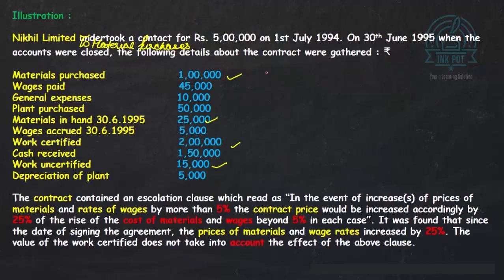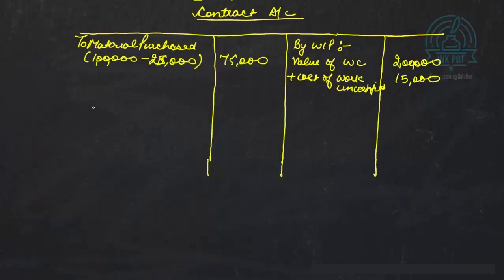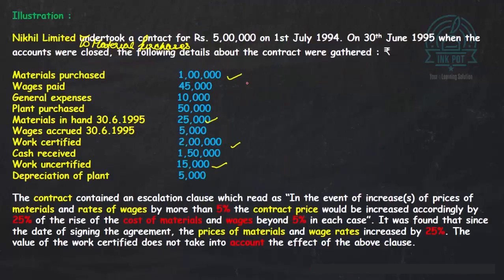Now we have wages paid 45,000 and we have accrued wages 5,000. So total wages: 45,000 plus outstanding or accrued wages of 5,000 not yet paid, so it comes out to be 50,000, right? Then we have general expenses 10,000.